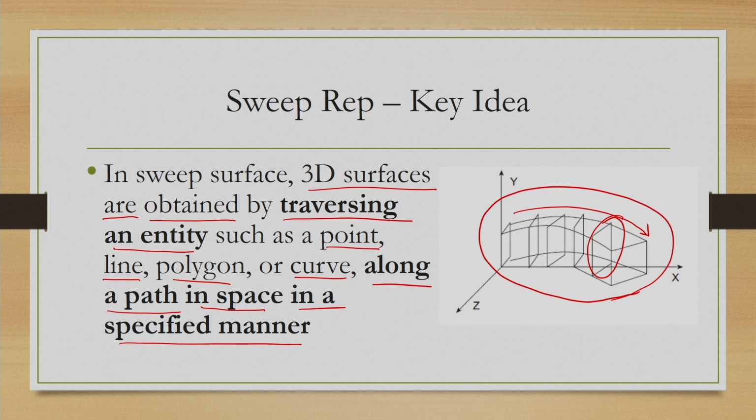This type of representation where we are not actually representing an object in terms of its bounding surface or the space occupied by it, rather we are actually representing it in terms of a process where the input is a primitive surface and the path it follows, and we specify the way to traverse that path. That type of representations are called sweep surfaces.